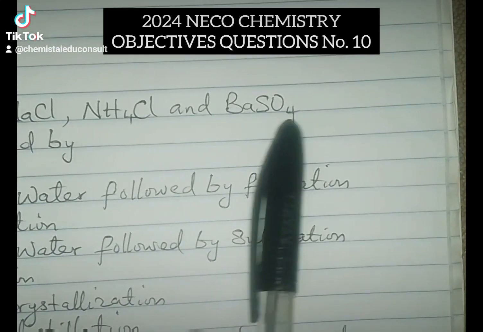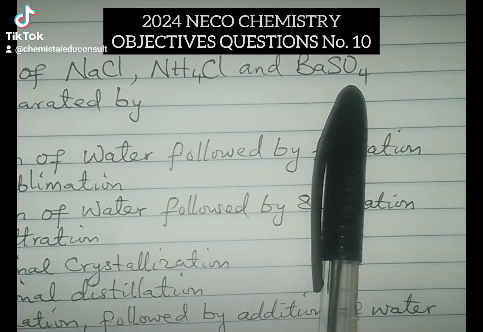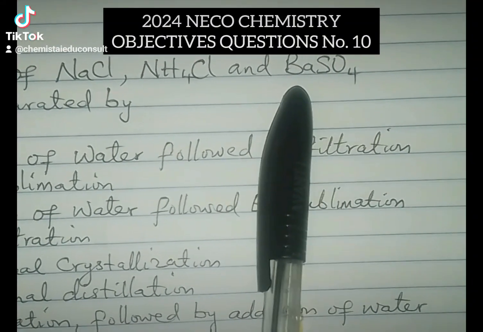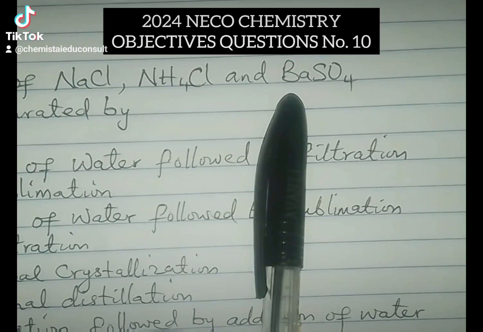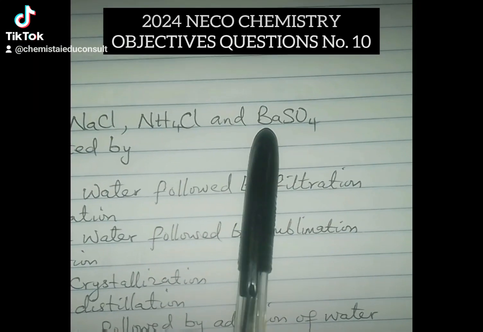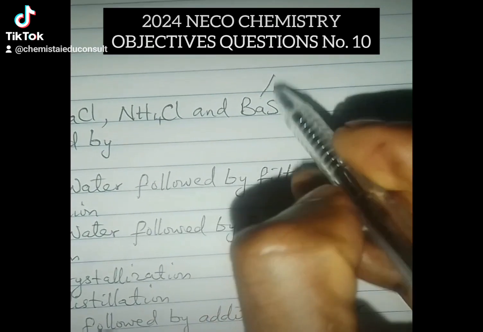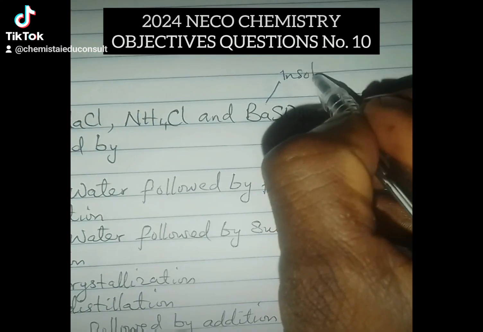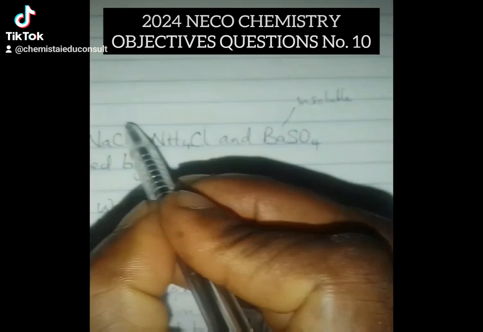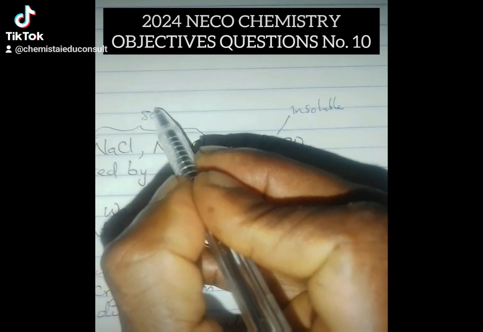Sulfate salts are generally soluble except those of barium and certain other metals, which means we can confirm that barium sulfate is insoluble and these two chlorides are soluble.